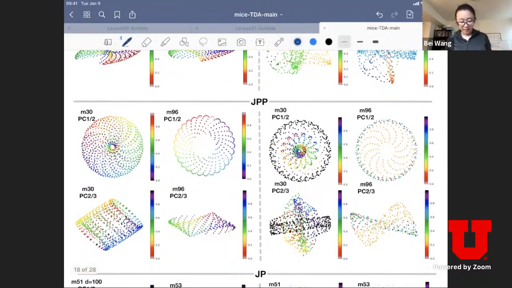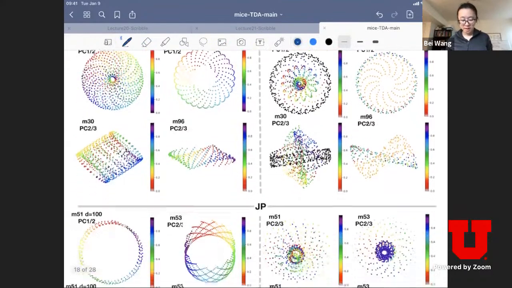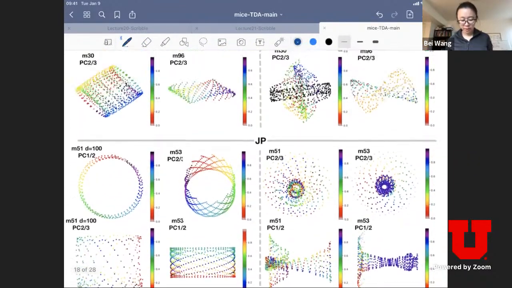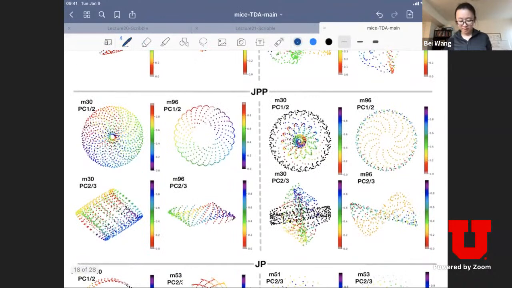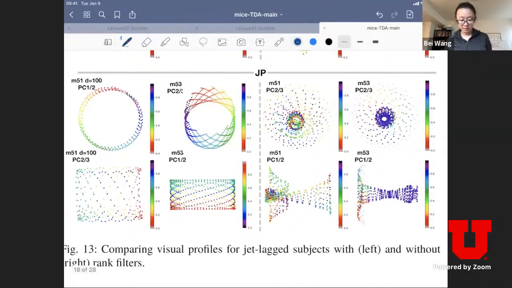This is jet lag partial pregnant, and this is jet lag pregnant. What's really interesting when you look at the embedding, the PC1 versus PC2 and PC2 versus PC3 projection, is this very interesting visualization of the corresponding signal. Okay. All right.